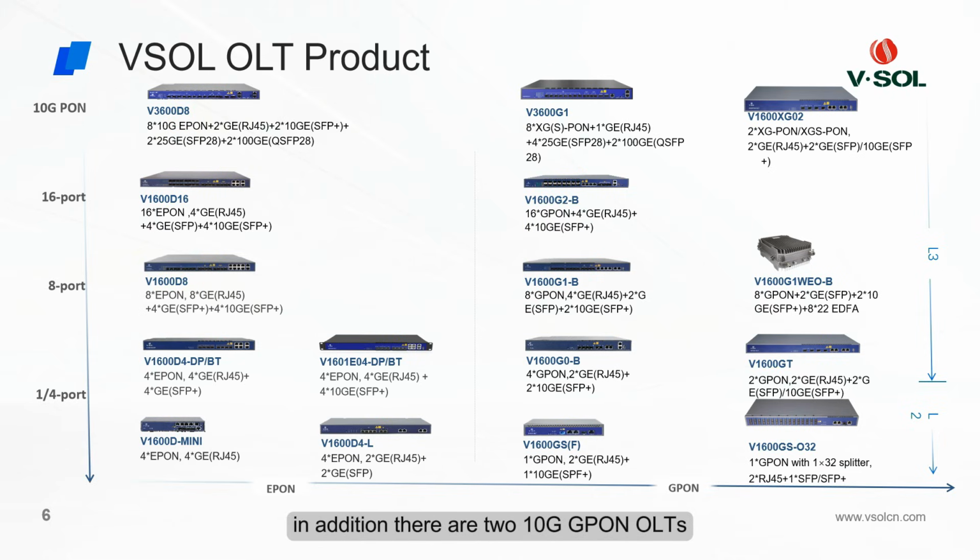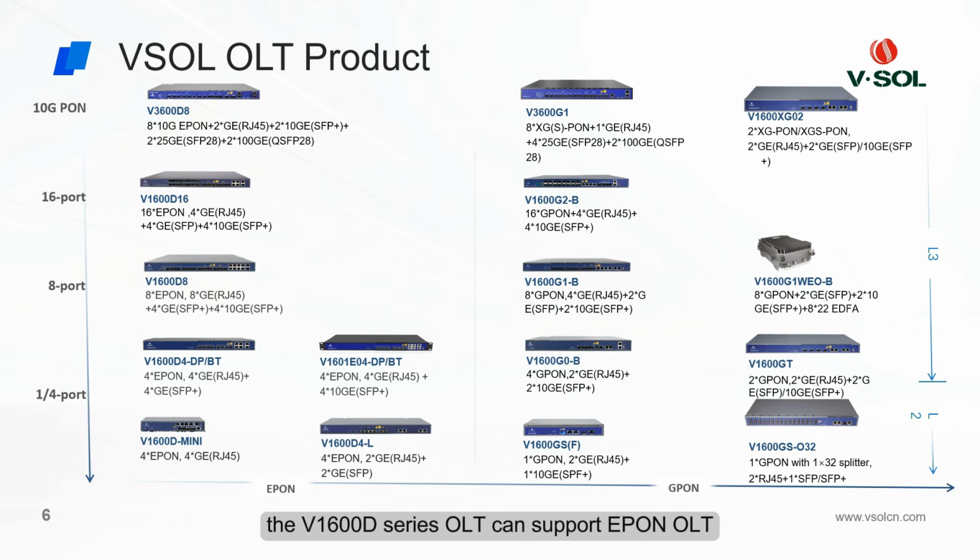In addition, there are two 10G GPON OLTs, with 8 PON ports and 2 PON ports. A single PON port of a 10G PON OLT can provide 256 ONU connections and can meet high bandwidth requirements at 100 Gbps uplink input.